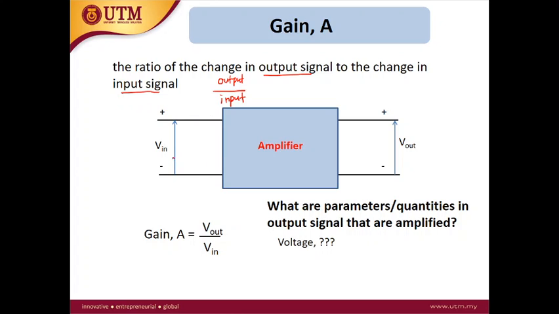The voltage at the input port is denoted as Vin, and the voltage at the output port is denoted as Vout. So the gain Av is equal to Vout over Vin. Okay, if the amplifier is a current amplifier, it should be Iin and Iout. For now let's consider the voltage amplifier first.